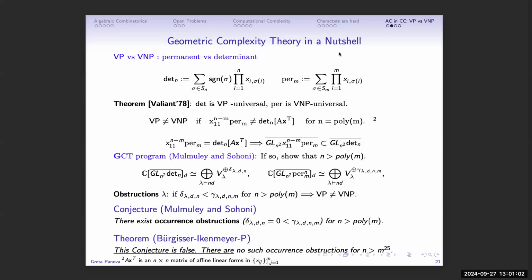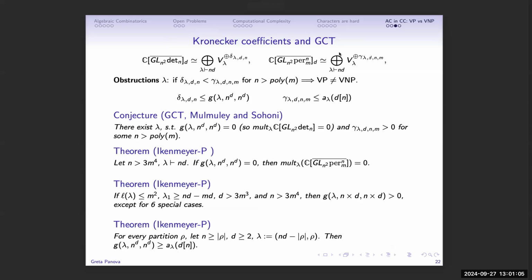And how do we prove this? Basically, the brief story is that these multiplicities are related to Kronecker and plethysm coefficients. And even though we don't have formulas for Kronecker and plethysm, we still know a lot of properties that we can understand. It turns out that Kronecker coefficients are always positive when you don't want them to be, and actually bigger than the plethysm coefficients, as we showed subsequently.